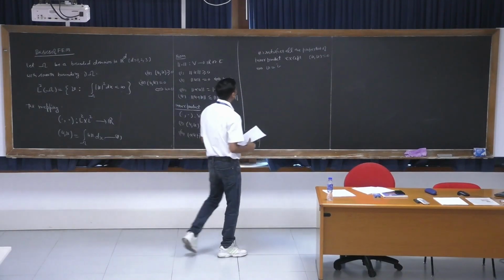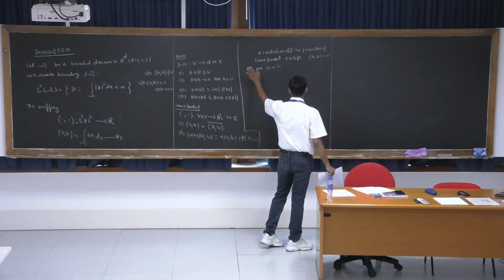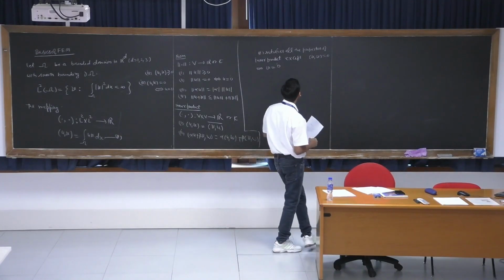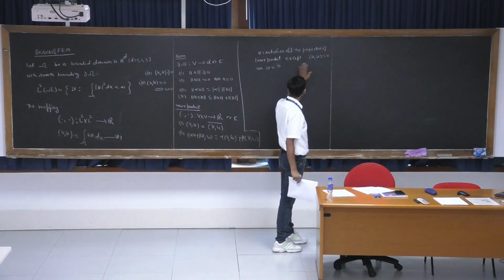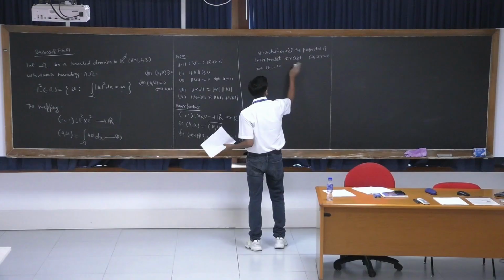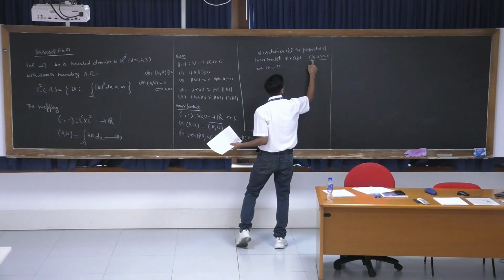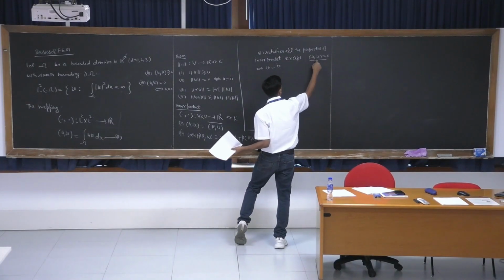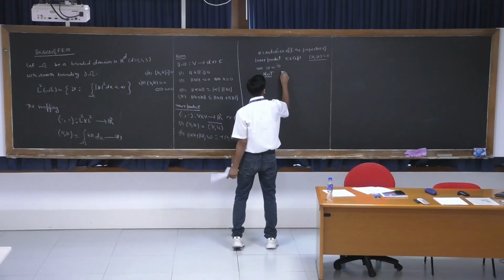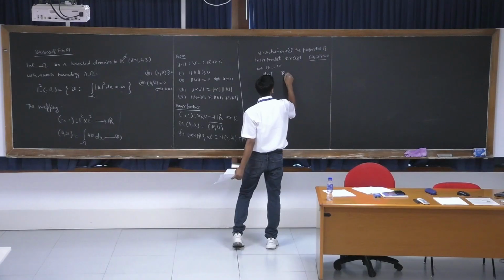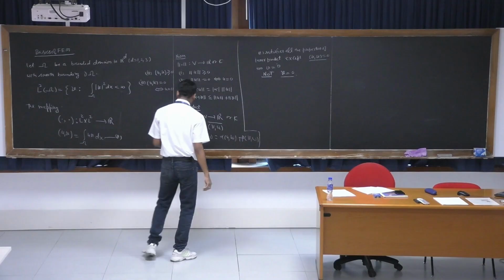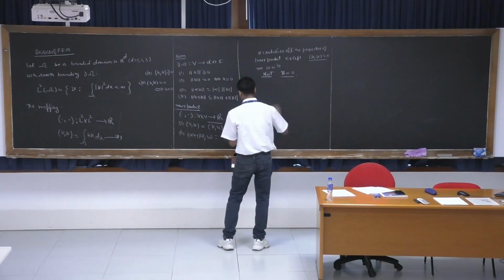So this doesn't satisfy. Here we will use the concept of almost everywhere. This may happen: the inner product of an element with itself is 0, but not necessarily V is equal to 0. Okay, so I can give an example of V not identically 0 here.